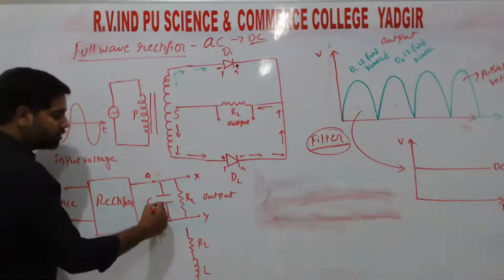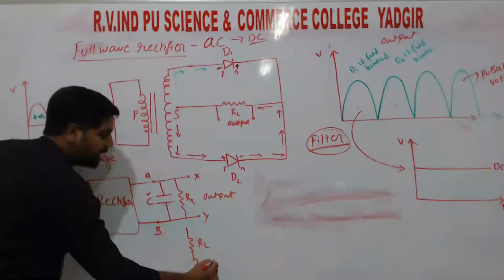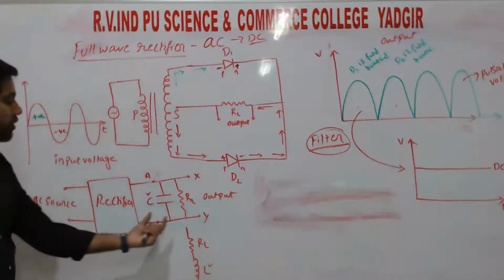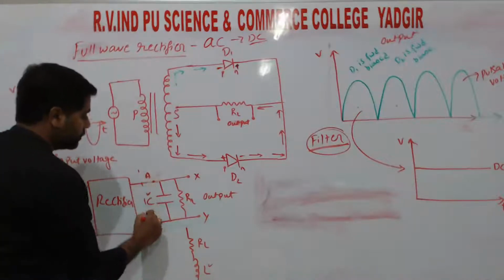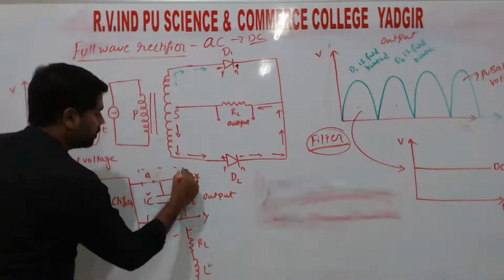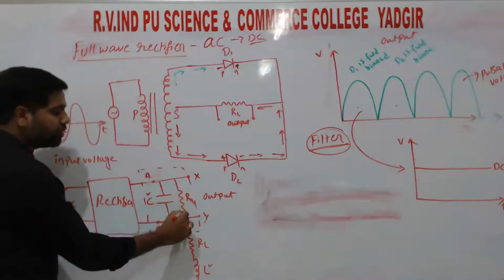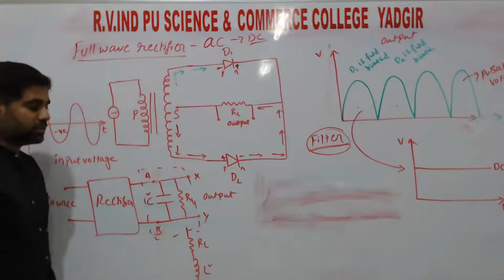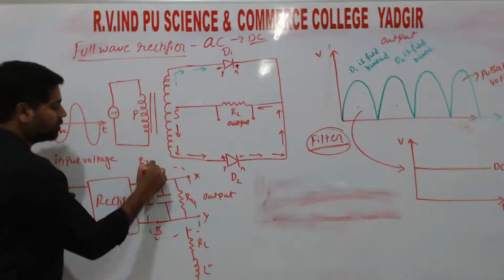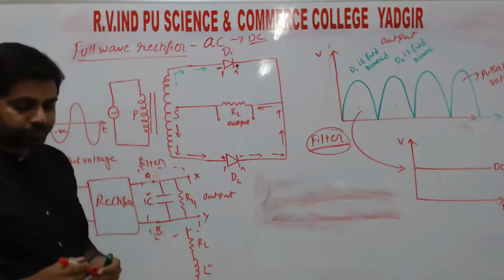So either we can use the capacitor or we can use the inductor. Filter is nothing but adding a capacitor of suitable capacitance in parallel with the load resistance, right?